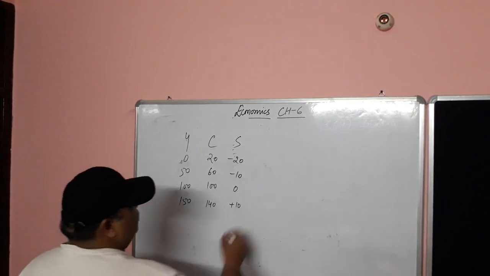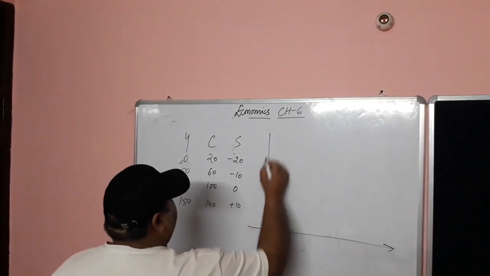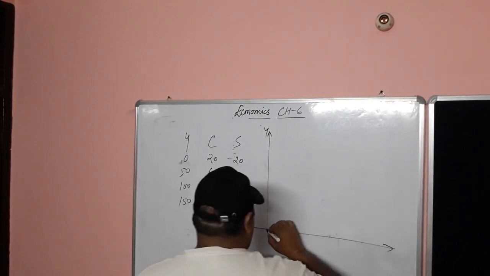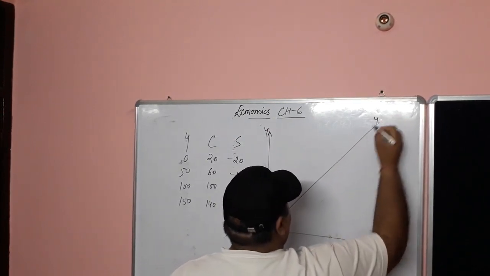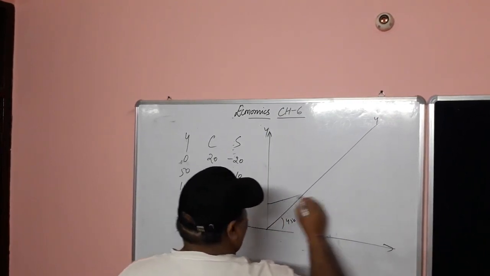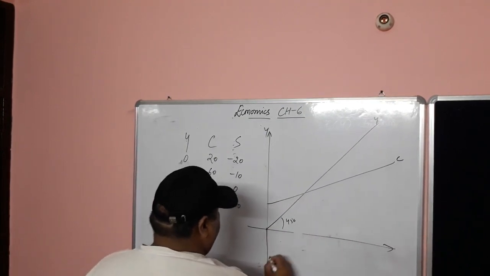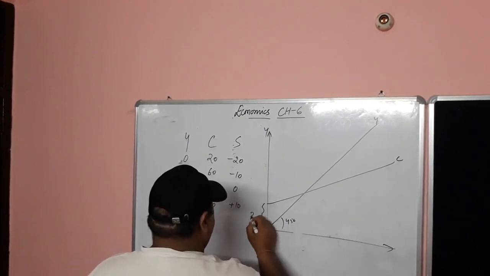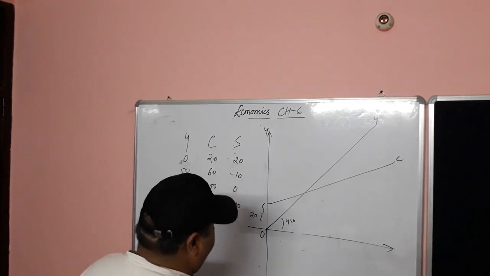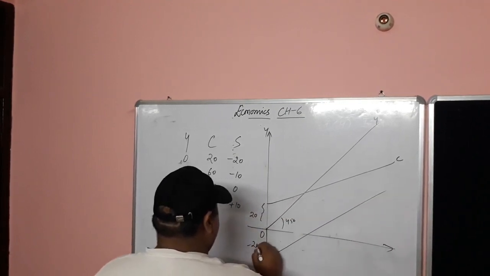On the basis of this table, we derive the curves. The income curve always starts from the origin, it is a 45 degree line, and your consumption curve is like this. In that particular case your consumption starts from 20, so your saving is minus 20.